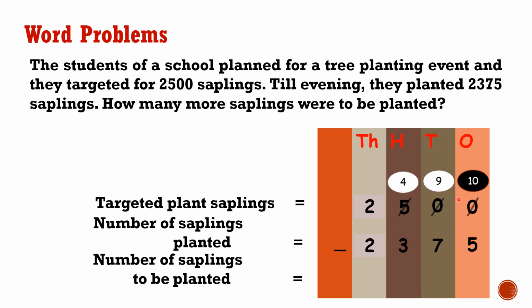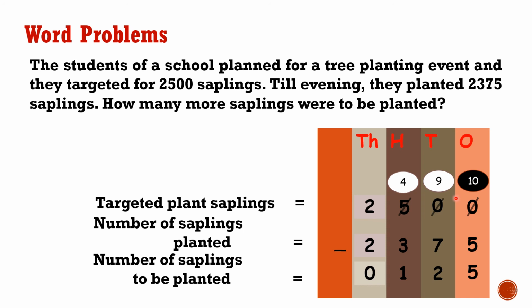Okay, now we can subtract 5 from 10. That is 5. In the next tens column, 9 minus 7 is 2. Hundreds column, 4 minus 3 is equal to 1. And finally in the thousands column, 2 minus 2 is 0.